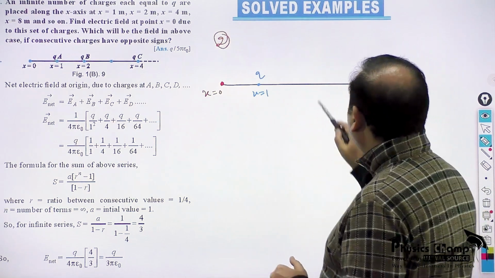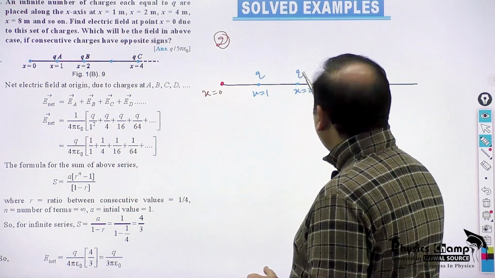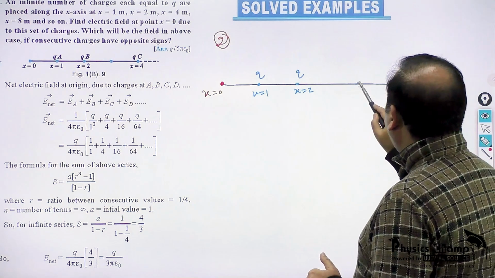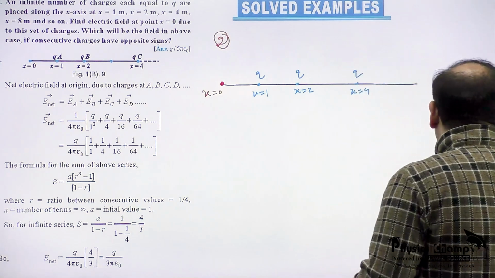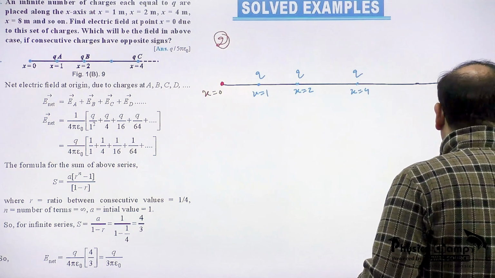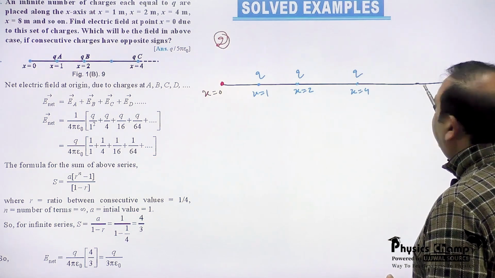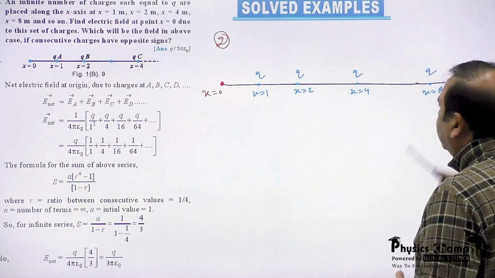The second charge is placed here at x equal to 2, a charge q. The third charge is placed here at x equal to 4, a charge q. And then at x equal to 8, we have a new charge, again q, like that.